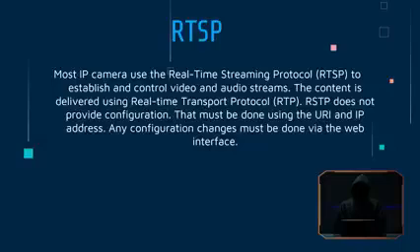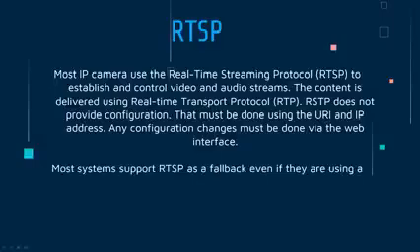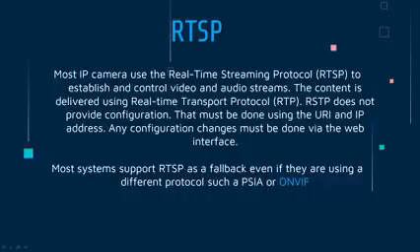You're just authenticating on port 80 or 443. Surprisingly, a lot of these cameras use HTTP for login and not HTTPS. Most of the systems support RTSP as a fallback, even if they're using a different protocol such as PSIA or ONVIF.